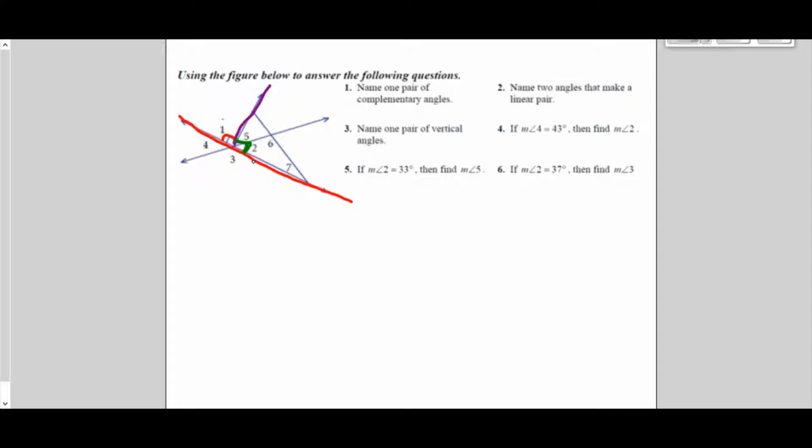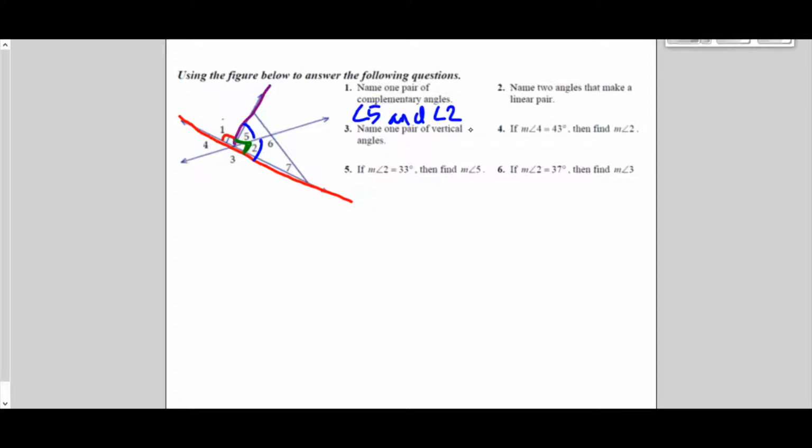So those are a linear pair, and they're both 90. So the complementary angles are going to be angle 5 and angle 2, because when I add those up, I better get 90, since that's the measure of that green angle. So this will be angle 5 and angle 2 for that one.